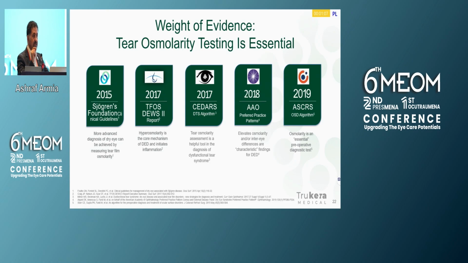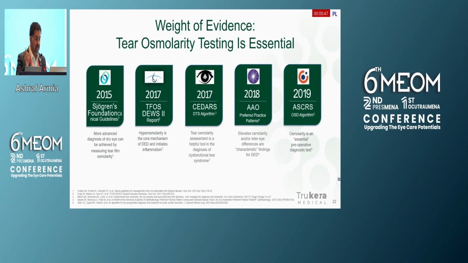And this is why it is now put in everything worldwide. Since 2015, the Gegron Foundation highlighted tear osmolarity. In 2017, TFOS DEWS II highlighted that osmolarity is the core mechanism in dry eye disease.